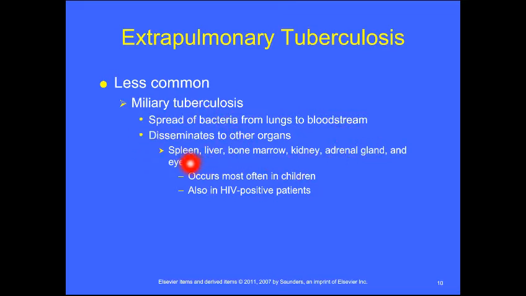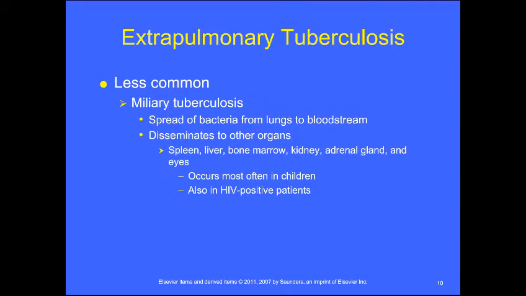This one disseminates to other organs like spleen, liver, bone marrow, kidney, adrenal glands, and eyes. So, tingnan mo naman, magkaroon ka ng tuberculosis of the eyes. Yeah. Occurs most often in children, okay? Also, in HIV positive patients, okay? So, you call that miliary tuberculosis. Less common, pero may mga ganyang cases.